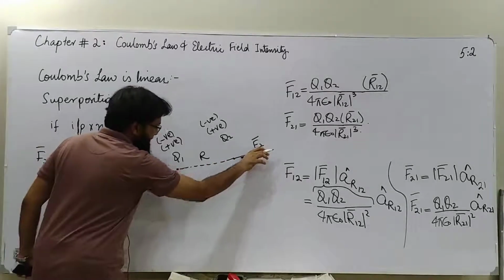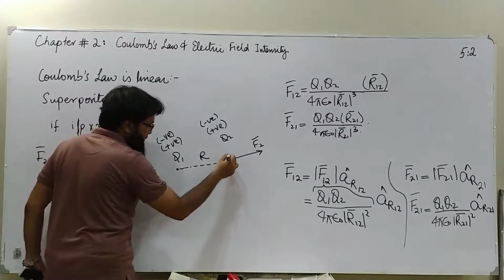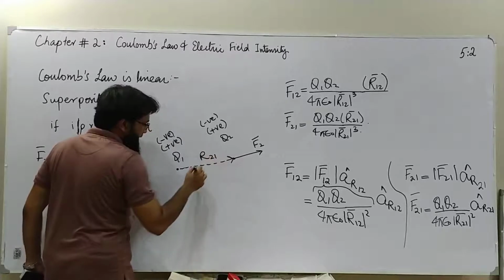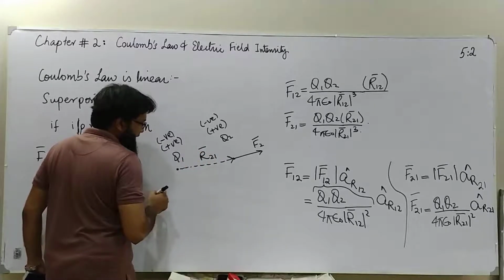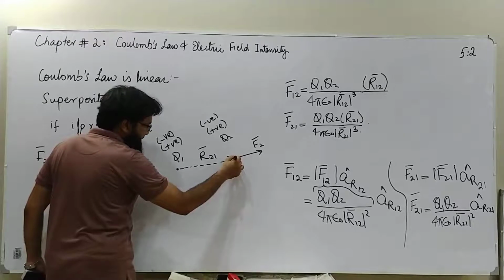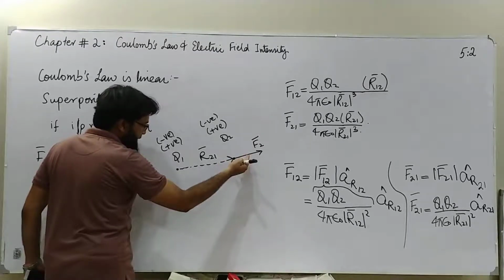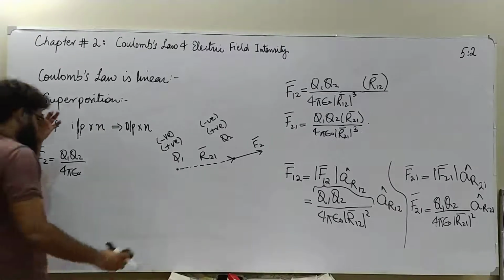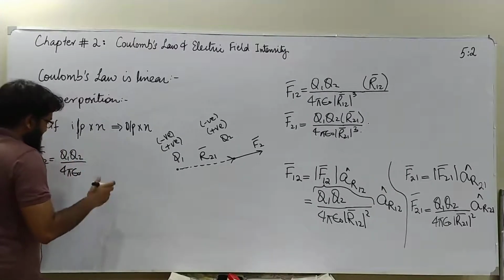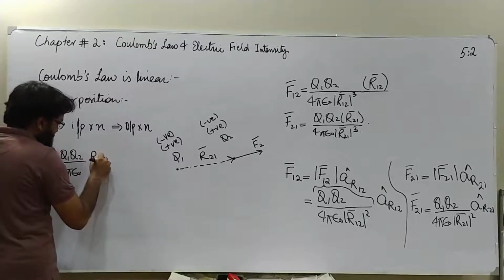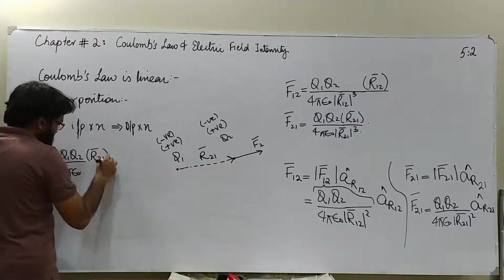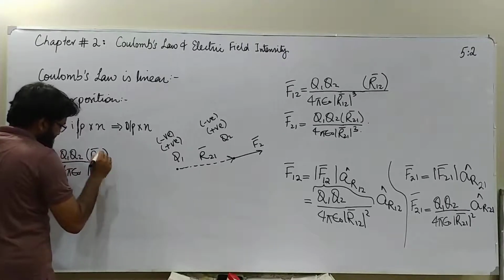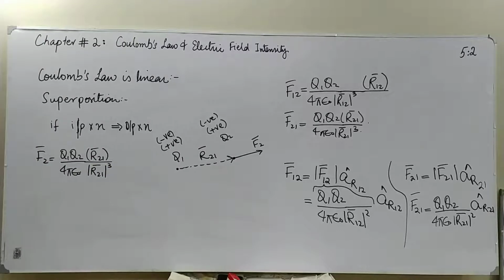I want a vector in this direction, so I want a head on point number 2, tail on point number 1. So this vector I should find. So subtract the coordinates of the tail point from the respective coordinates of the head point and multiply by the unit vector. You know how to evaluate R21. So R21 divided by magnitude of R21 cubed. So we'll get the force on 2.